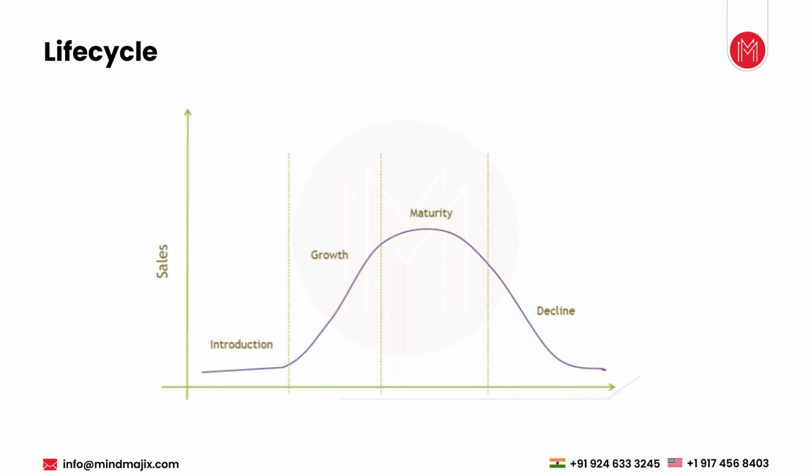In the 80s it was under the introduction phase, but in the 90s it was under the growth phase. After 2000 it goes into the maturity phase where the sales get stagnant.